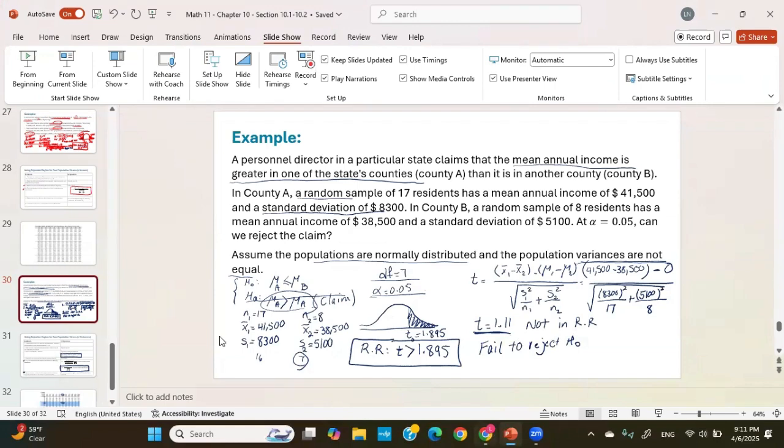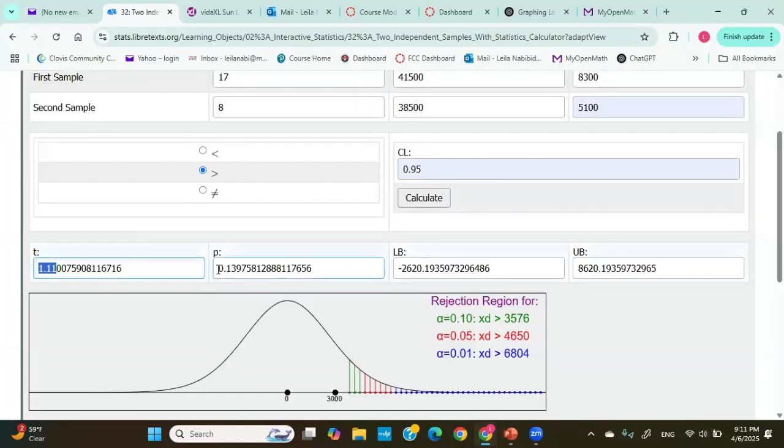That's the same. And it's also giving you the p-value. When you're working on homework problems, if any question asks you for the p-value, you must use the calculator, because there is no way that we can find the p-value by hand, especially when using the t-test.